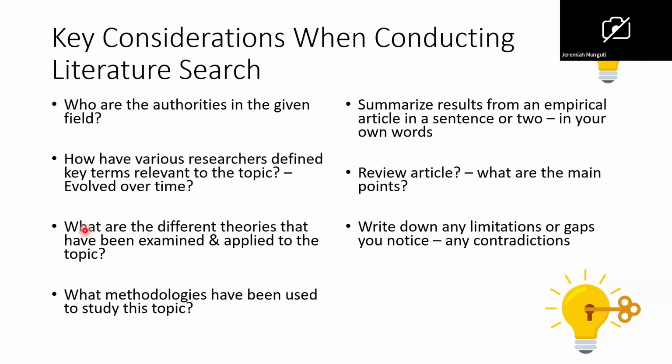What are the different theories that have been examined and applied to the topic? What methodologies have been used to study this topic? Have they changed with time? Are they available to you?